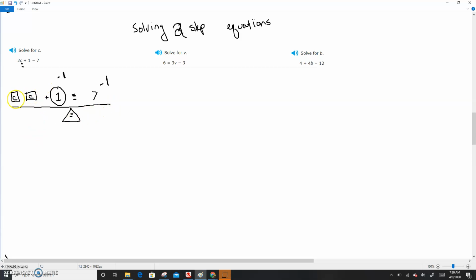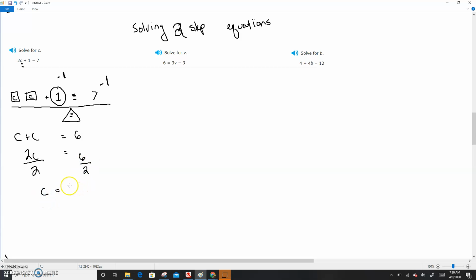And so we wind up with c plus c, or 2c, equals 6. Well, if two of these c boxes equal 6, one of them has to equal 3. We can see that by just dividing by 2.